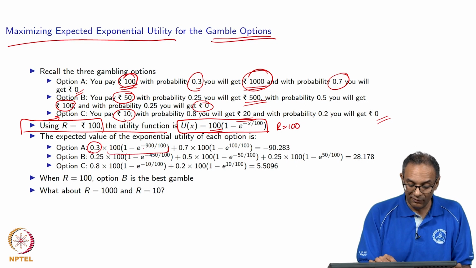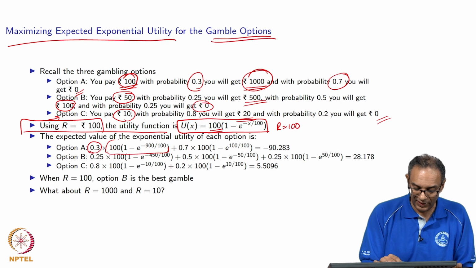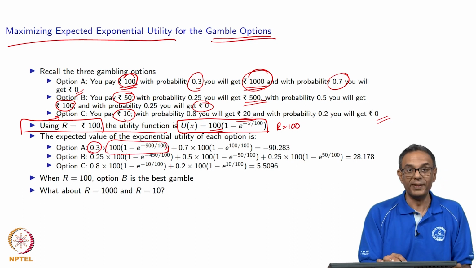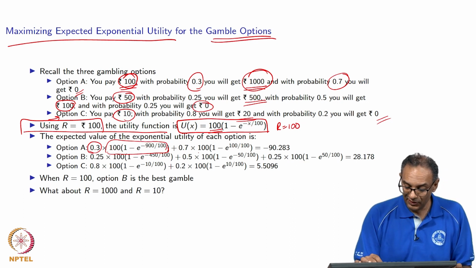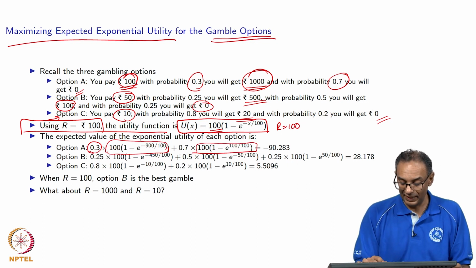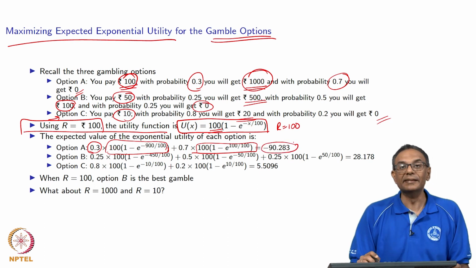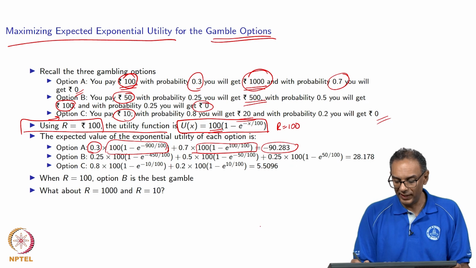So it is e to the power minus 900 divided by 100. That is the utility value with probability 0.3, and your utility is going to be this value with probability 0.7. If you did your calculation, your expected utility is negative 90.28.